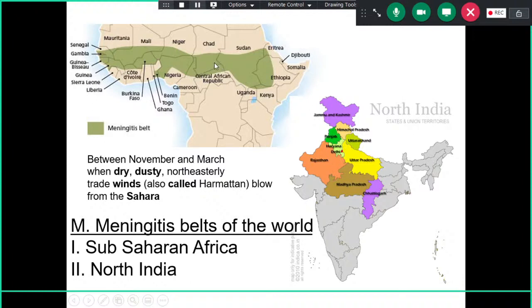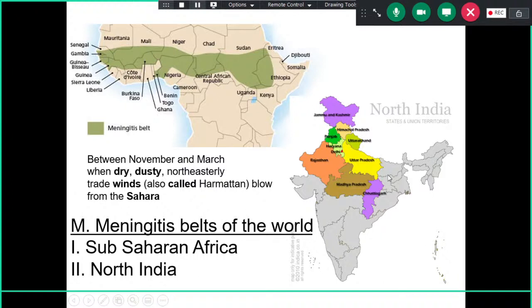This hot air induces individuals living in this area to cough, and when they cough, they produce a large amount of air droplet nuclei, and that's how the disease spreads in the sub-Saharan countries.